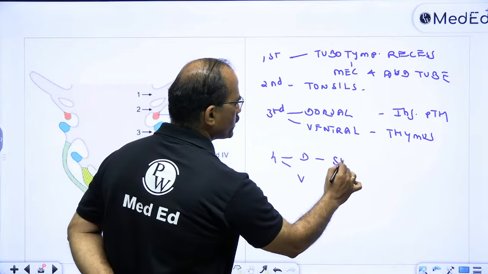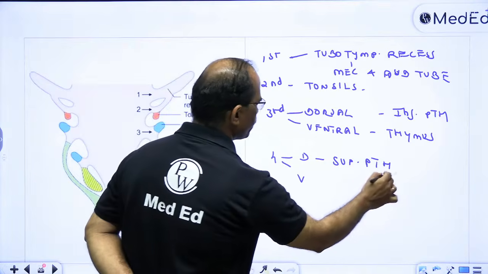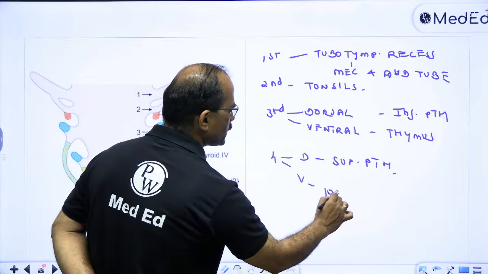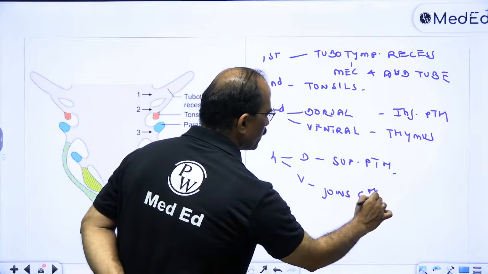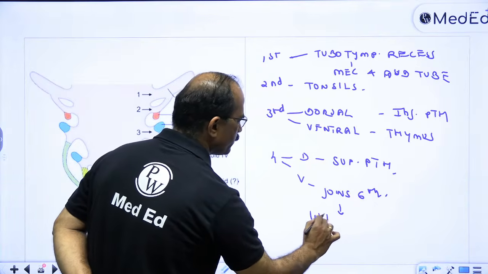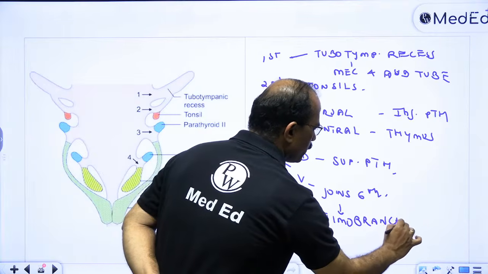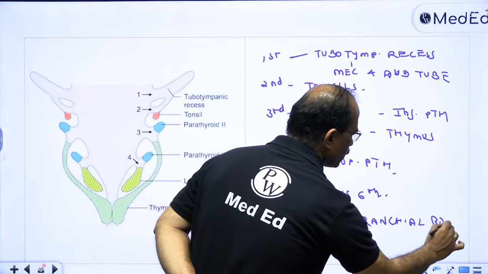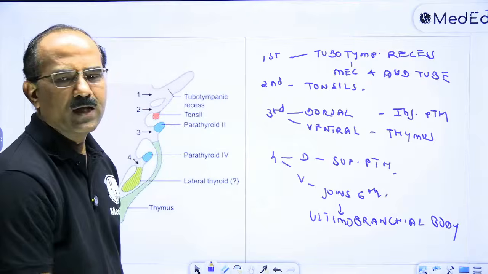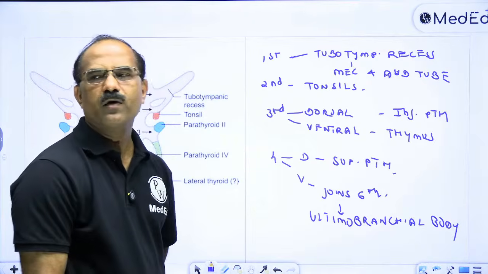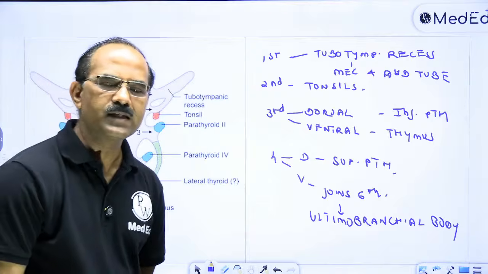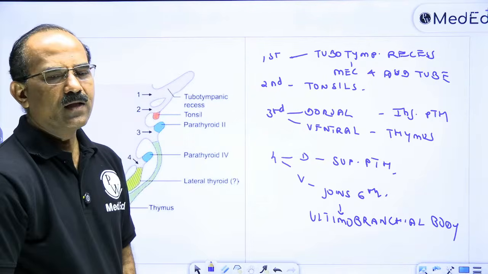The dorsal forms the superior parathyroids, and the ventral joins the sixth to form the ultimobranchial body, and this ultimobranchial body forms the parafollicular C cells of thyroid.